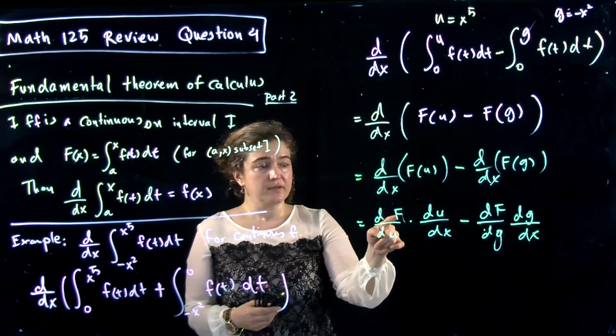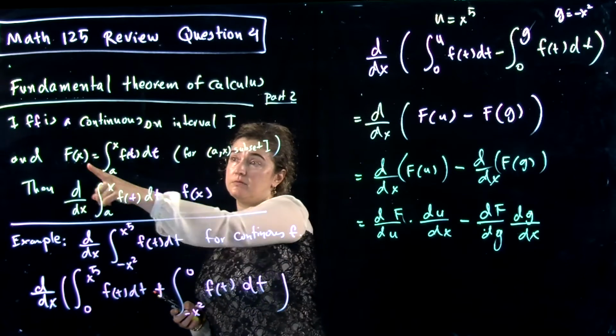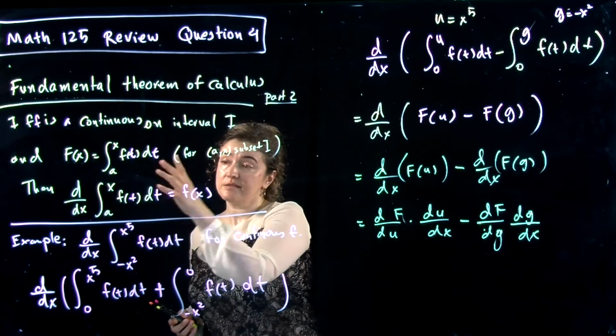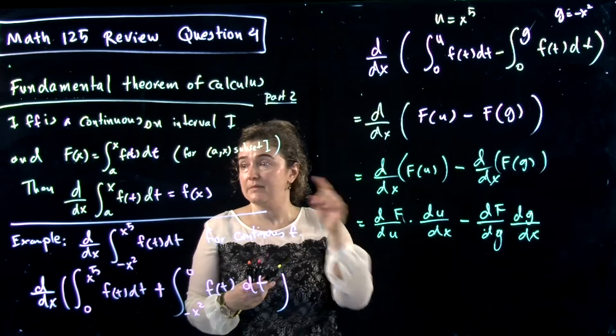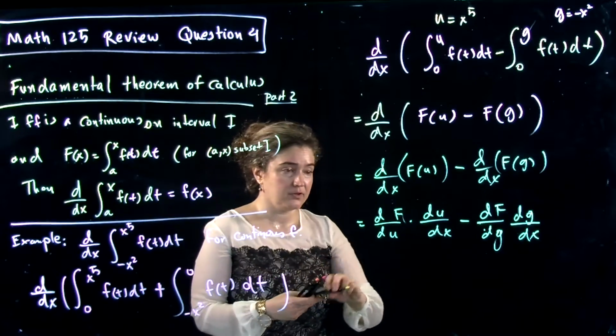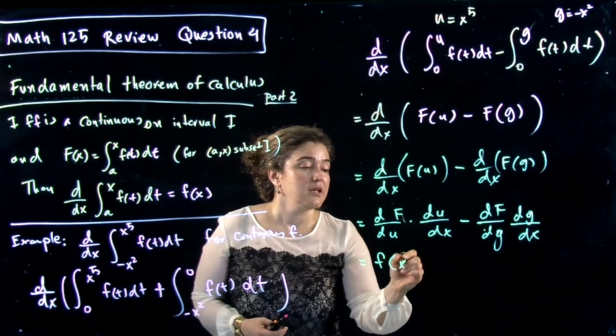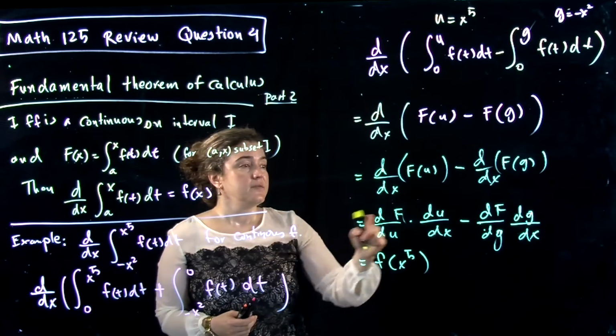The derivative of F of u with respect to u is just lowercase f of u. So it becomes f of x to the power 5.